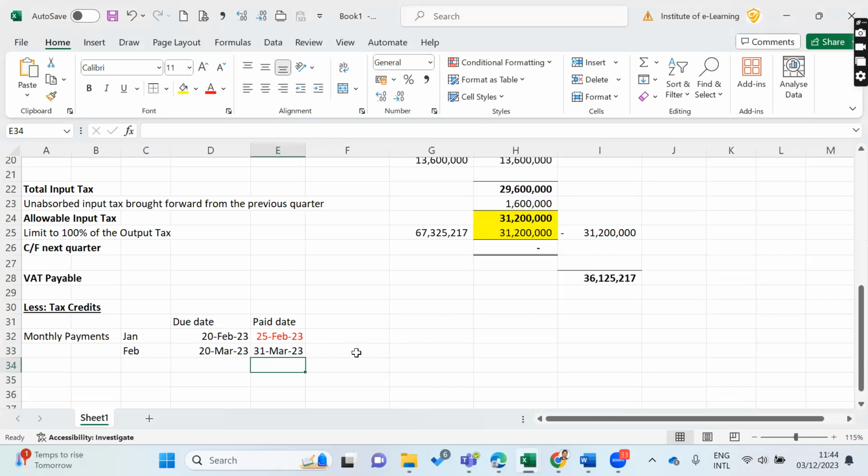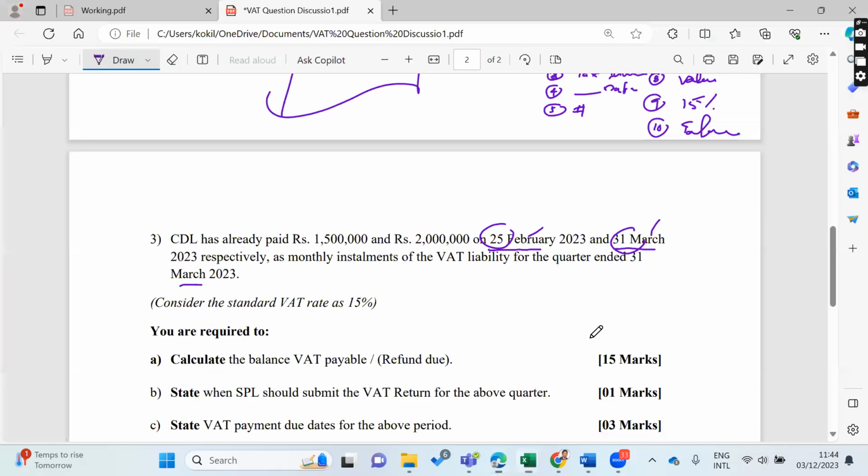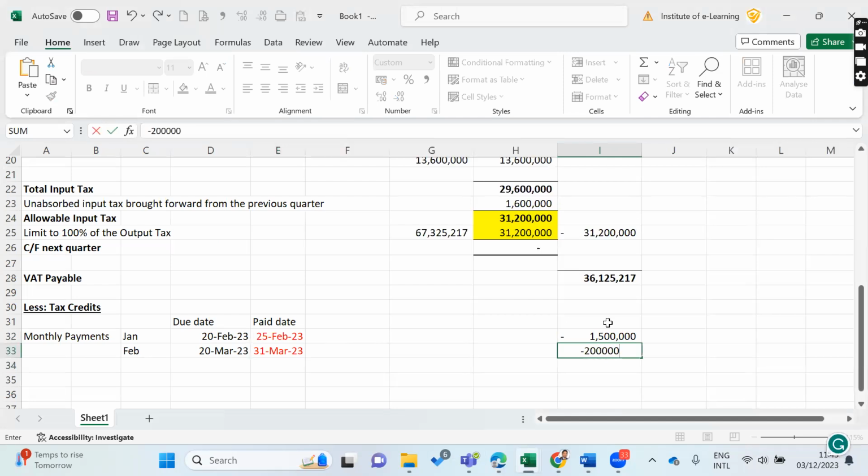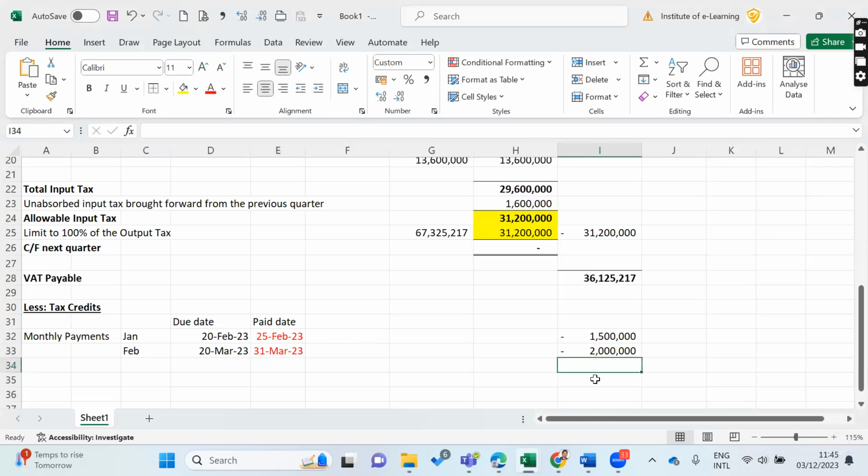Both payments were delayed, but anyway you can take the credit, no worries. How much did they pay? 1.5 million and 2 million. Here you can take the 1.5 million.